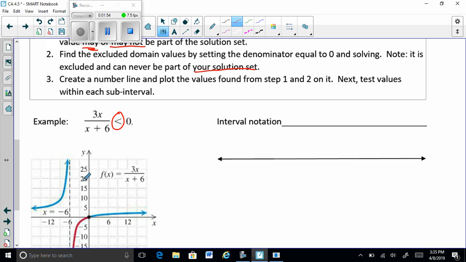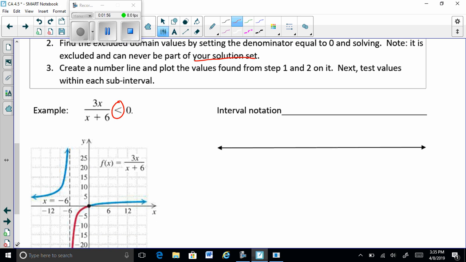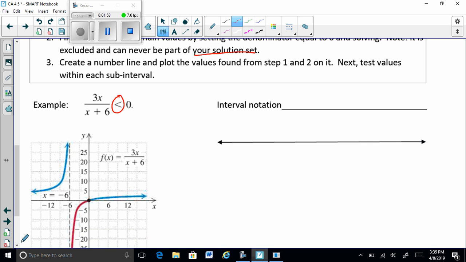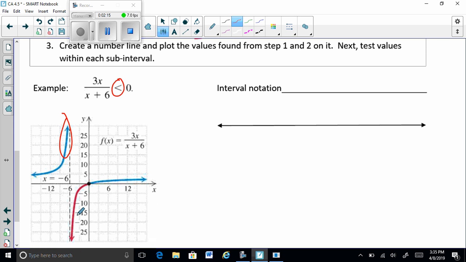But what you will notice is that at the asymptote, once again, there's a sign change as you cross this vertical asymptote. You can see that as I'm approaching it from the left, I'm getting all these positive results. But once I cross that vertical asymptote and we start looking down here, all my results are negative, right? So there's a sign change in your graph at the vertical asymptote.